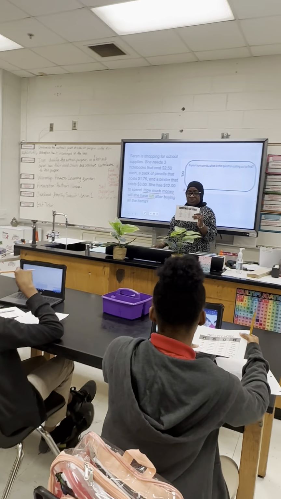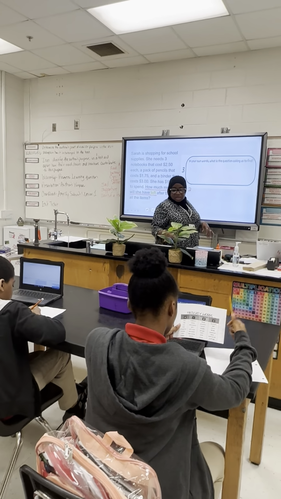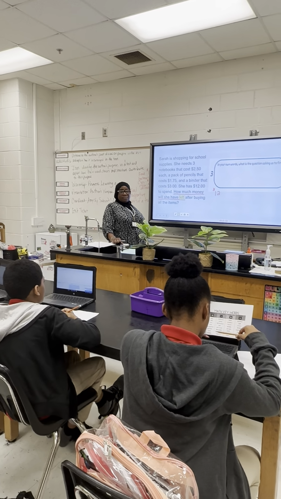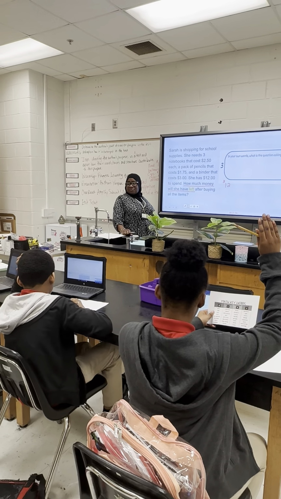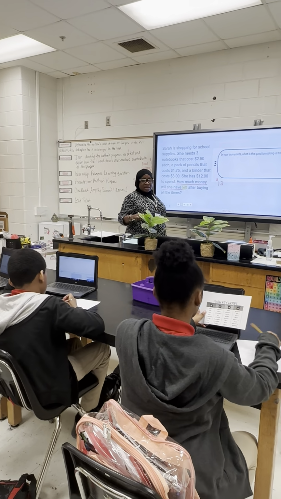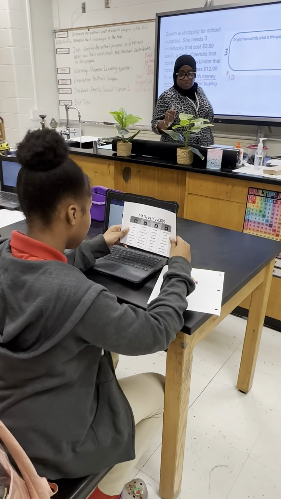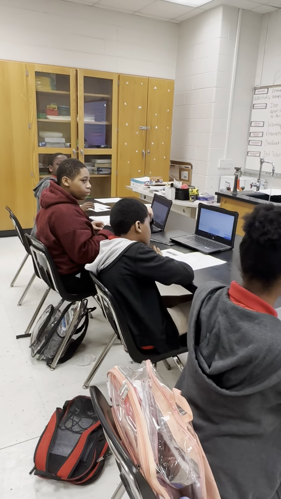See if you see that word left on your math word sheet. Okay, Riley, you got it? What row is it under? Subtraction, right?